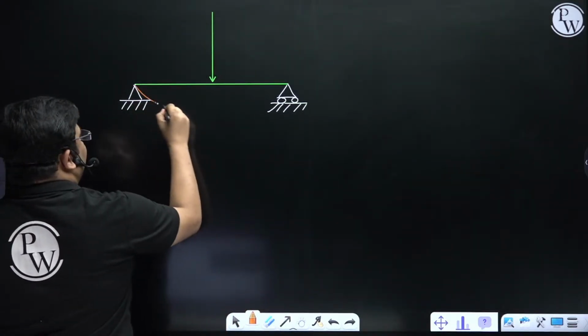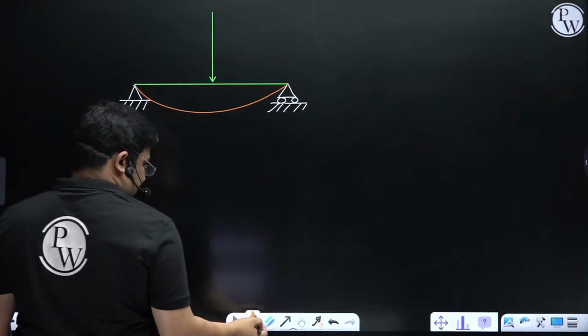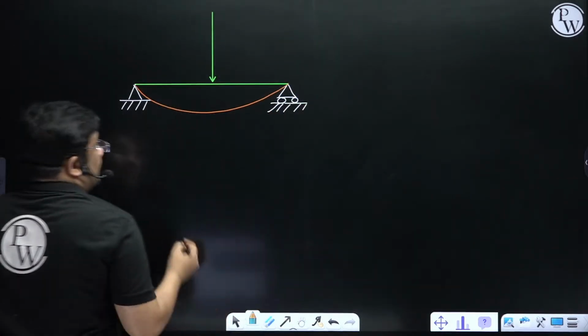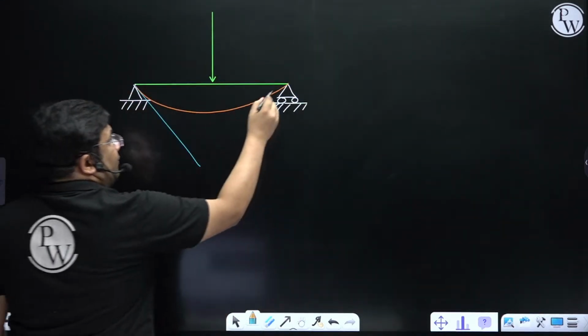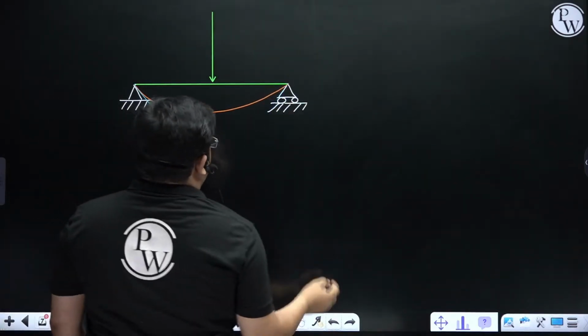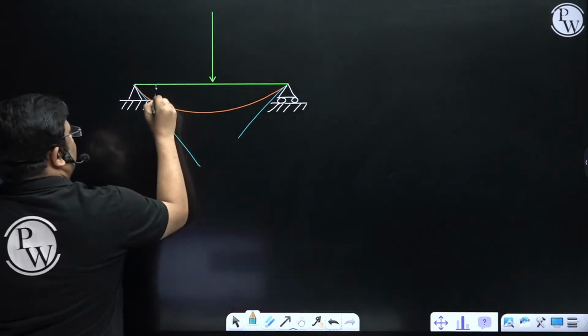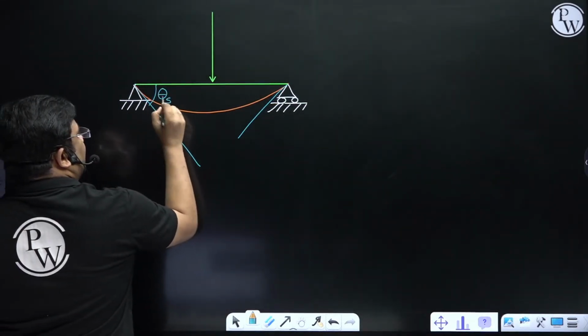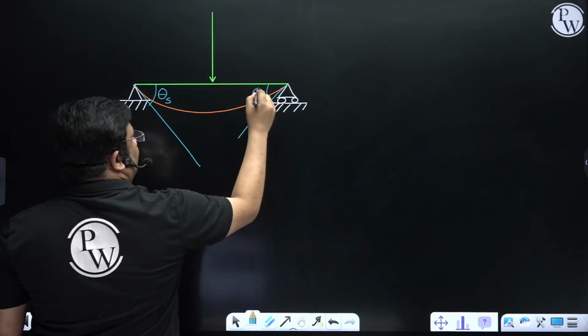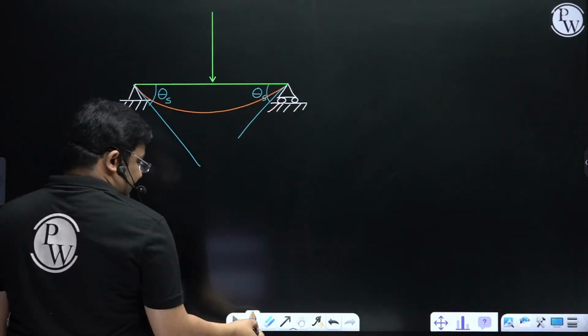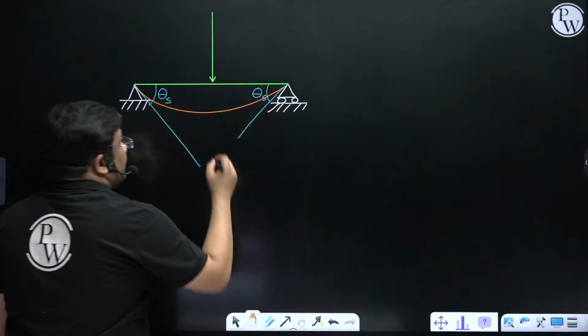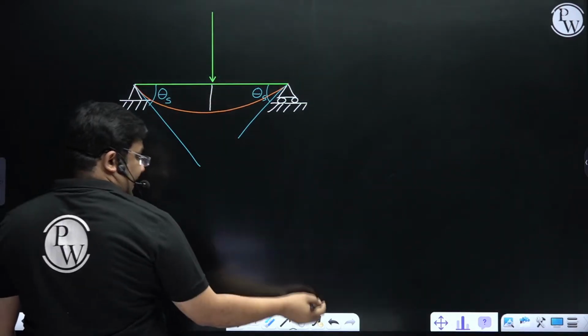Then this is going to deflect like this, and at the supports, by symmetry, we can say that we'll get the same slope. So this is the slope at the support and this is the slope at the support, and this I can say is the maximum deflection below the load.